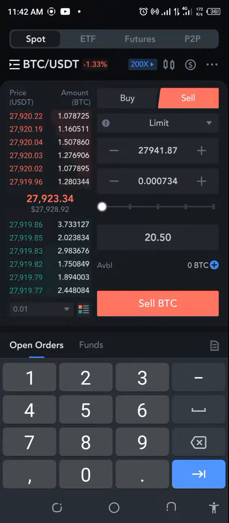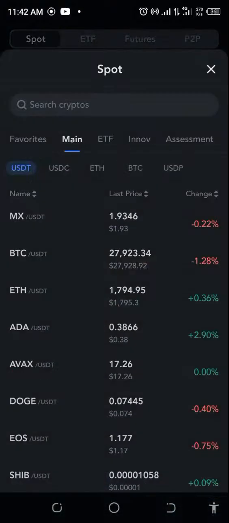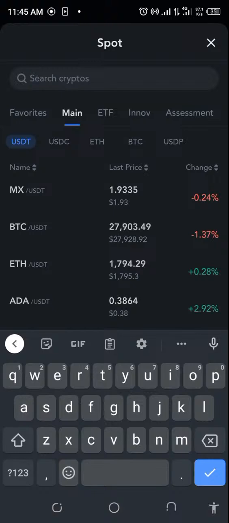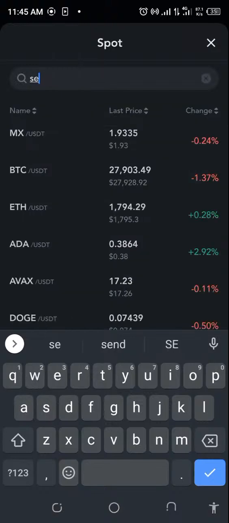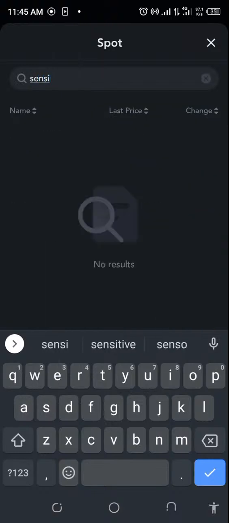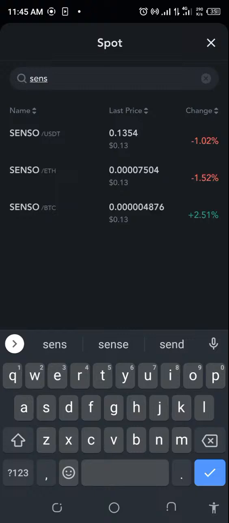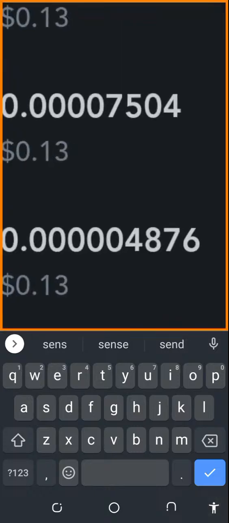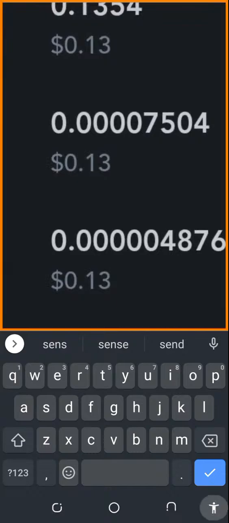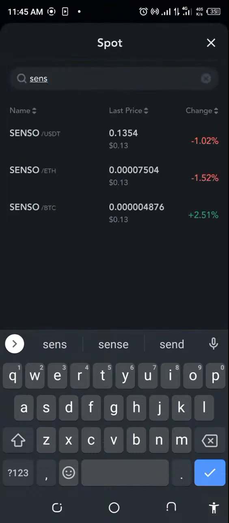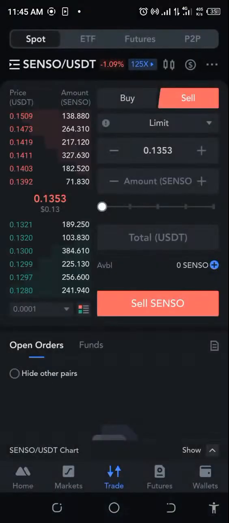Nah, let's try this out with ETH. Let's see whether this can still give us something else. So let's check on ETH. That should be Senso ETH. Everything still looks like the same price, but let me go back and try to sell to ETH.